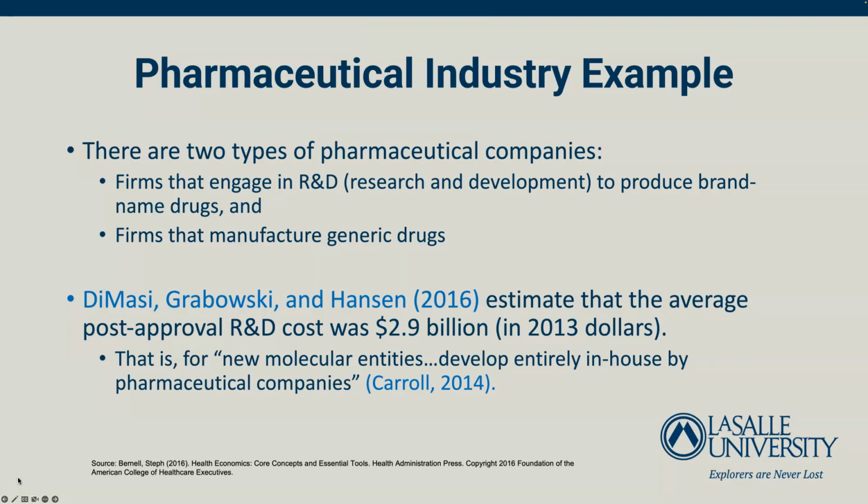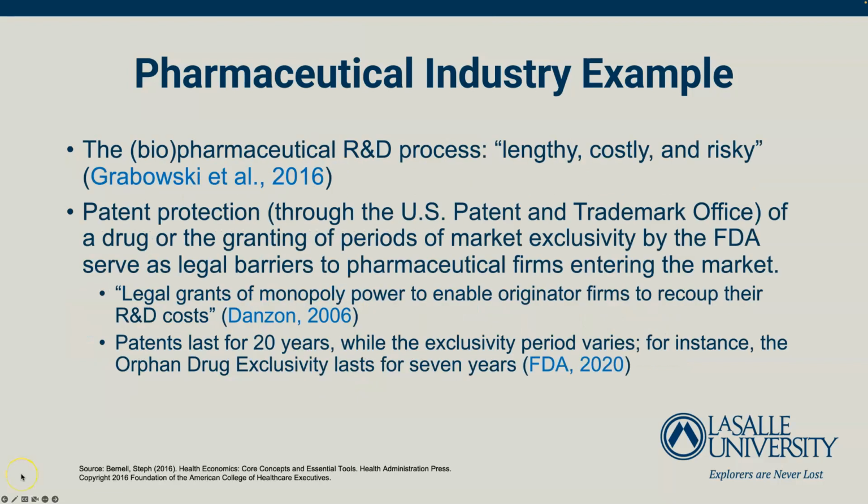One study estimates that the average post-approval research and development cost for a new molecular entity developed entirely in-house by a pharmaceutical company was $2.9 billion in 2013. And that illustrates that this research and development process is quite costly. And it's also very lengthy and risky because some products never make it to market, even though you've spent years and years on research and clinical trials.